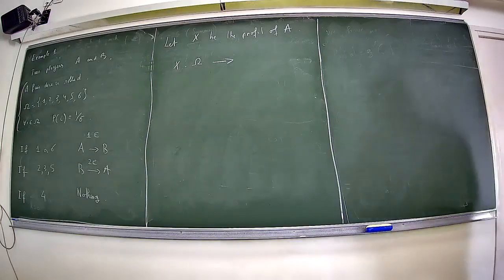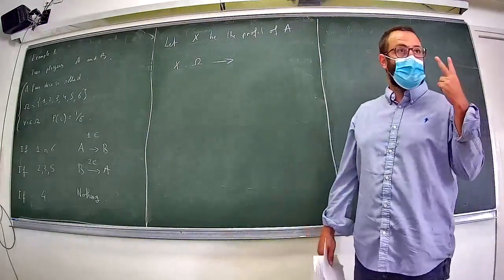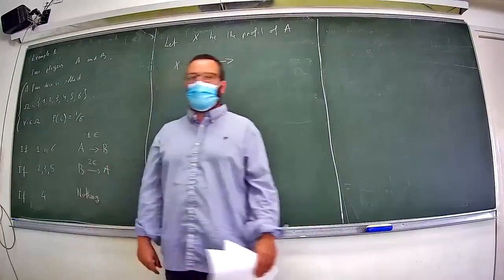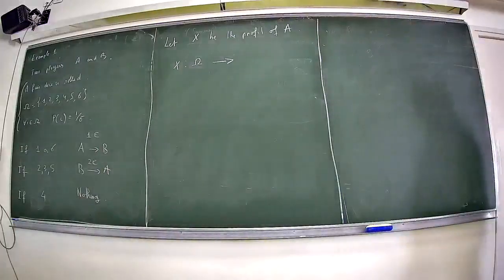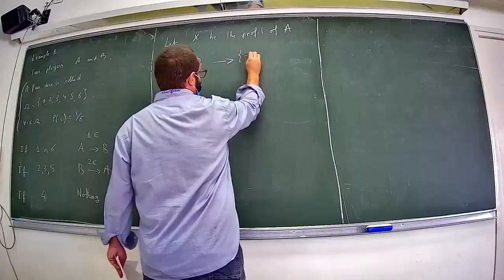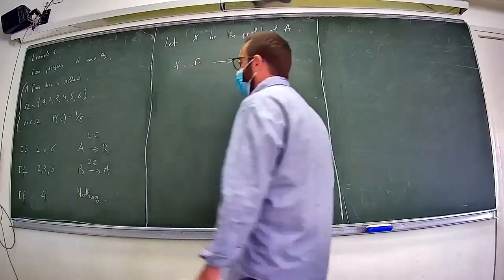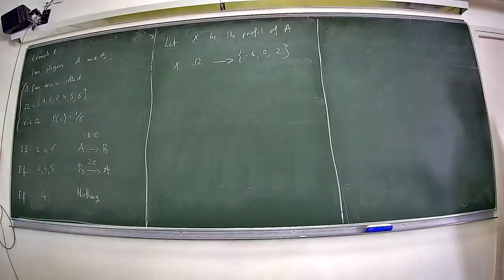If I obtain 2, 3, or 5, my profit will be 2. And if I obtain 1 or 6, I can say minus 1, it's a negative profit. So the set of possible values here is minus 1, 0, 2. I have these three possibilities.